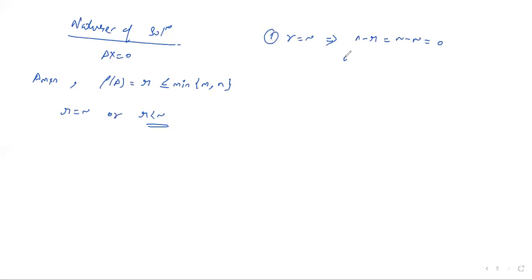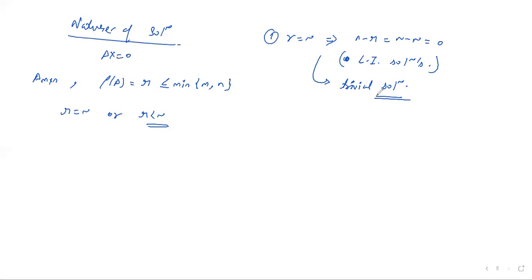That means we have 0 linearly independent solutions, and the equation only has a trivial solution.